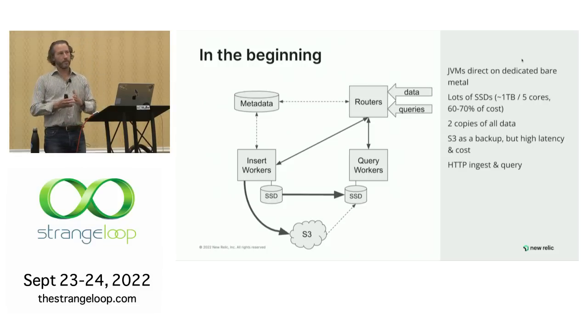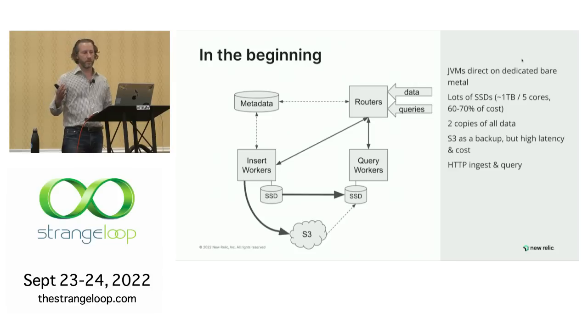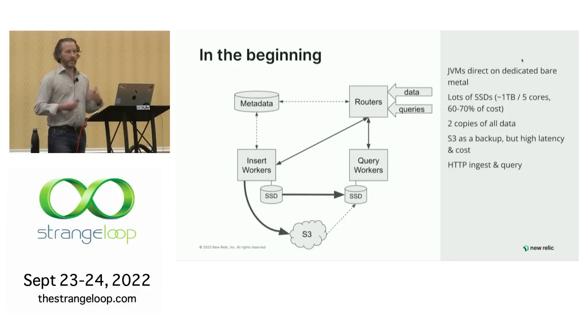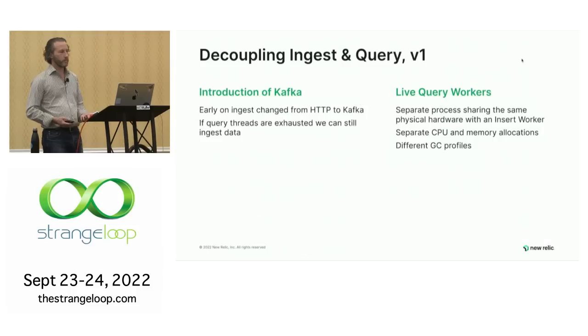And this was a major pain point for the system early on, because if we got a huge burst of query load, we might exhaust all of the server threads in the routing tier, and now we start rejecting data payloads. Rejecting data payloads means that we are losing customers' data, and that makes customers really upset. So we needed to solve that problem.